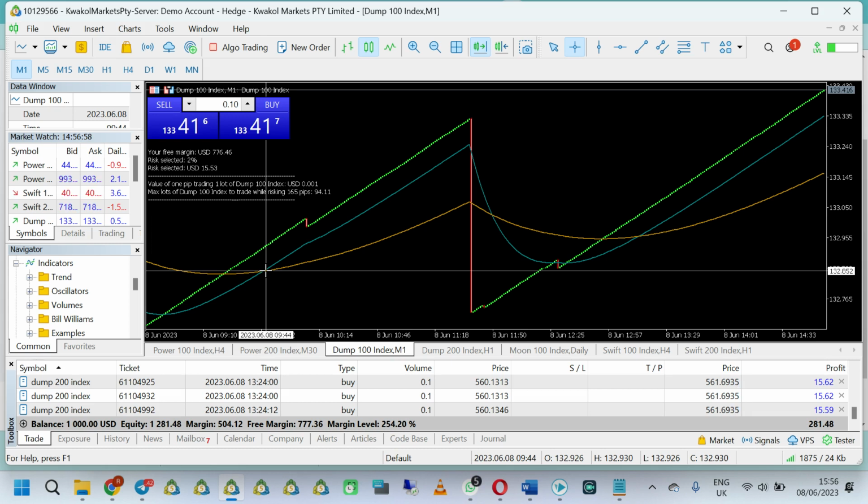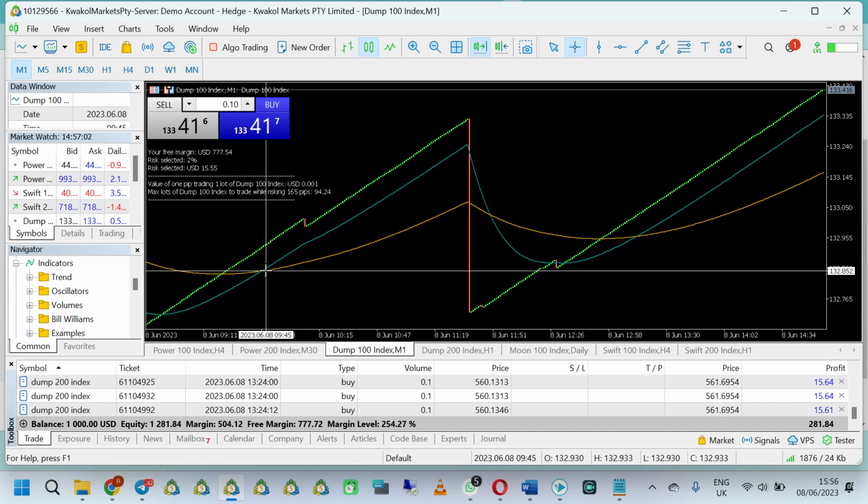That is huge. $65 out of $100 if you are trading 1.0. That means if a spike happens, you can wipe the whole of your account off. The impact is taking a whole 65, which is more than 50% of your account.